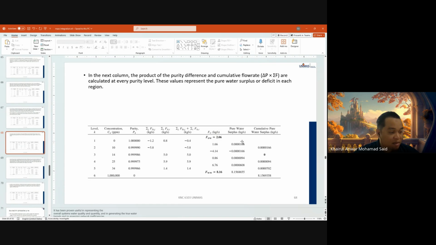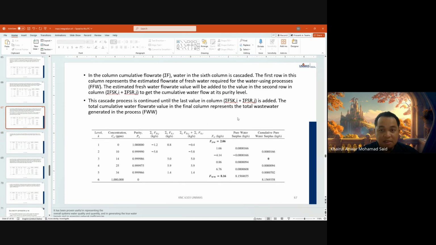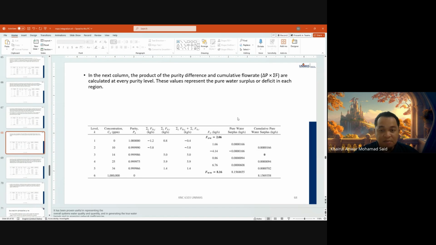Okay, pure water surplus or deficit is defined as FC multiplied with delta P, in between PK, because if you follow this line, there is no number in between. So what you need to do is subtract this, multiplied with FC.